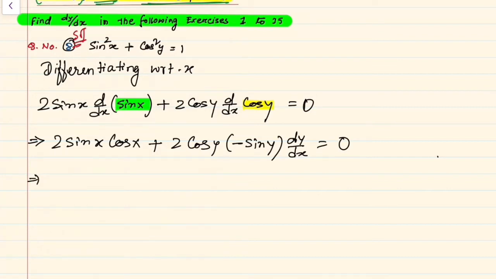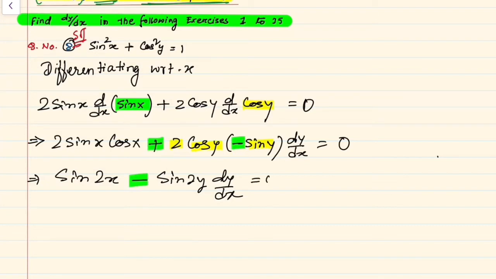So 2 sin x cos x is sin twice x, and minus here also 2 sin y cos y, again sin twice y dy by dx. So this plus sign becomes minus here, so equal to 0.